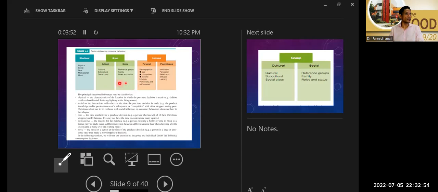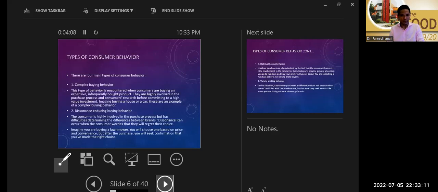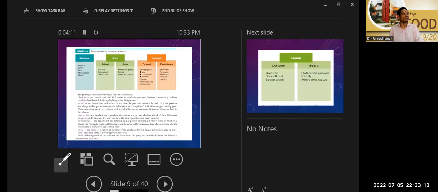If you look into the theory that I mentioned earlier, I did mention personal, psychological and social factors. But in this diagram, to help us understand more easily, I differentiate them into three dimensions. One is situational, secondly is group, and third is the individual.